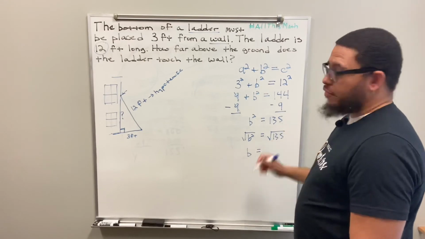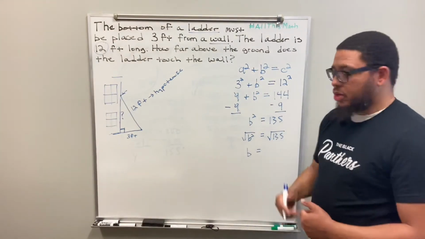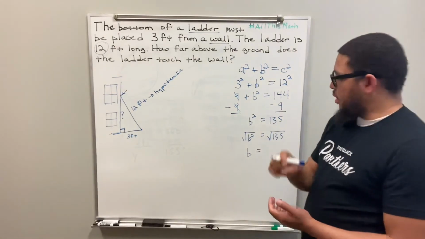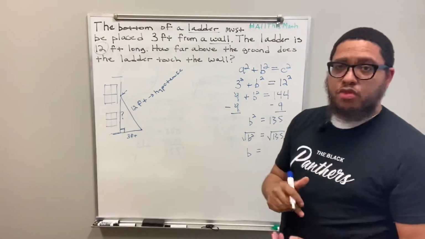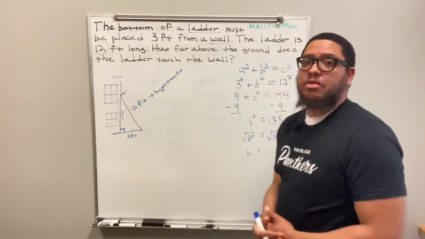Now, 135 is not a perfect square. So at this point, you take your calculator, right? Go to your calculator, you type in 135, hit the square root button, and you'll get something like 11.6.